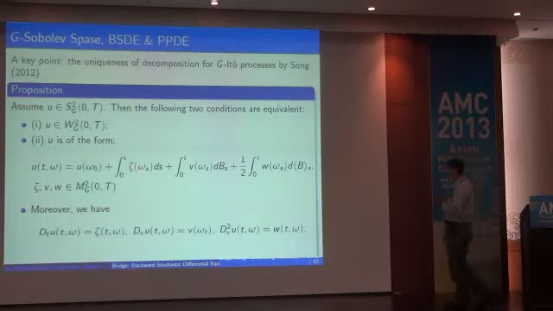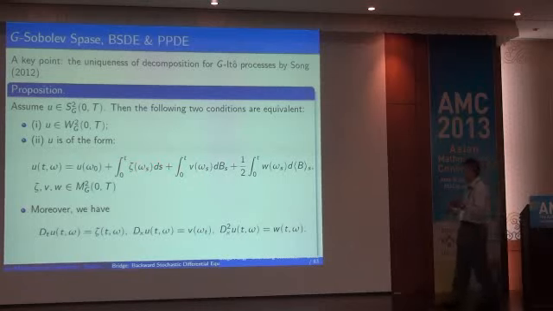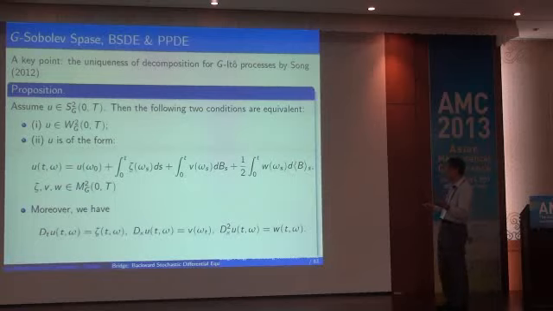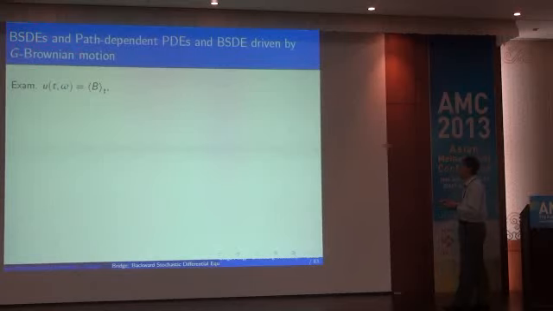So, in fact, you read even Ito's formula for the L2 process in a different way, which gives us a new point of view, for example for the PDE, for the relation between BSDE and PDE.